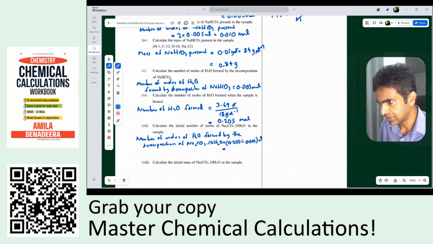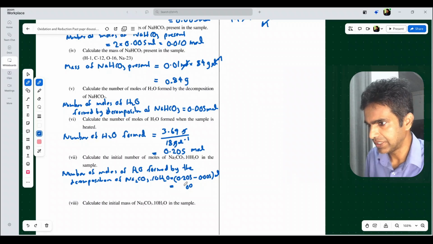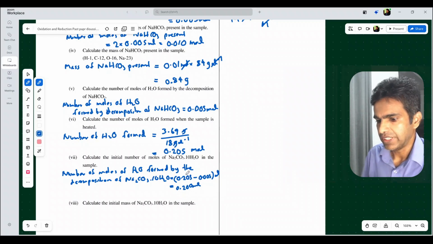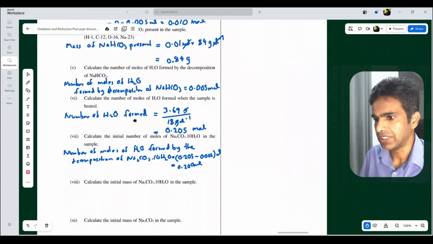So that is 5 minus 5, 0, 0 minus 0, 0, 2 minus 0, 2, decimal place 0. So then we can calculate number of moles of sodium carbonate present in the sample. We can consider the mole ratio between water vapor and sodium carbonate hydrate.